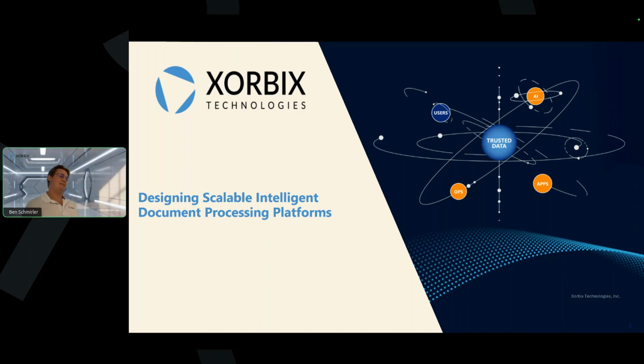Why intelligent document processing is so important is because roughly 80% of large organizations' data is unstructured. When you look at the total volume of data, PDFs, scanned forms, contracts, emails, they all fit in that category of unstructured data.